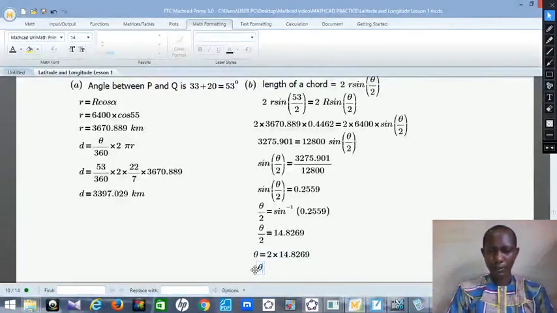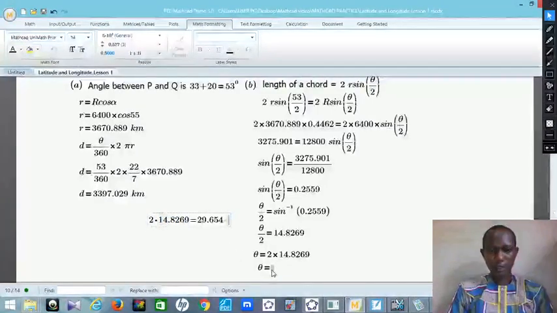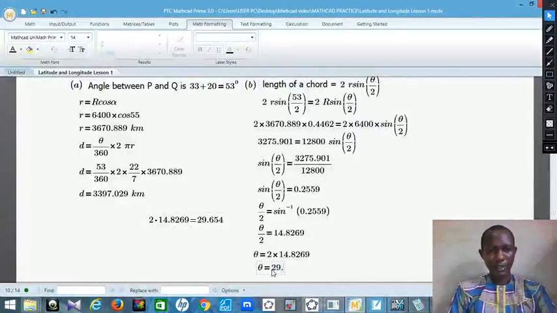Finally theta will be equal to, when you multiply this, 2 times 14.8269 is giving us 29.654. So this is the theta we need.